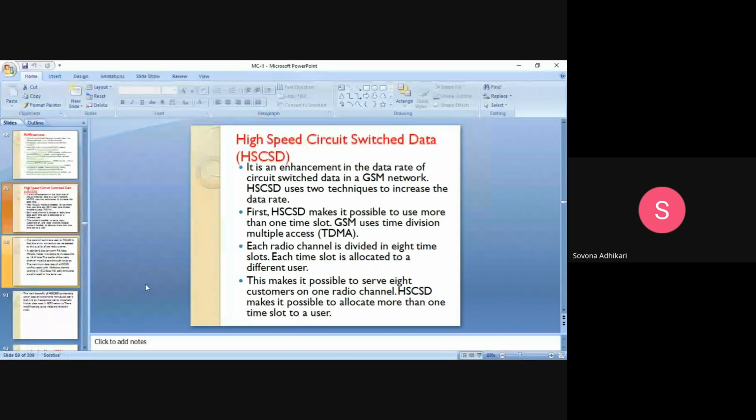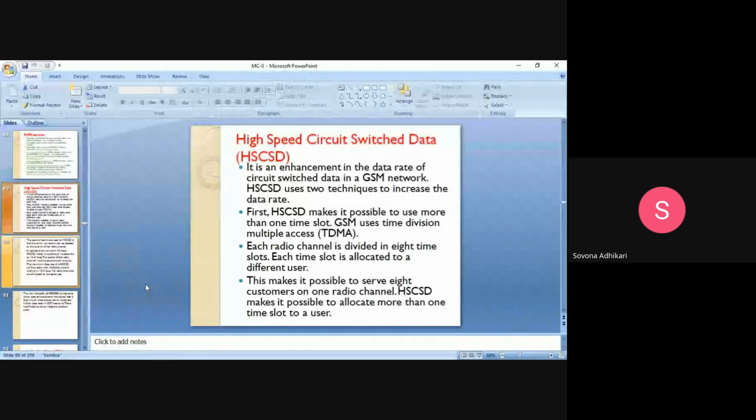It is an enhancement in the data rate of circuit switched data in the GSM network. High speed circuit switched data uses two techniques to increase the data rate. As the name suggests, high speed, it provides a high data rate.